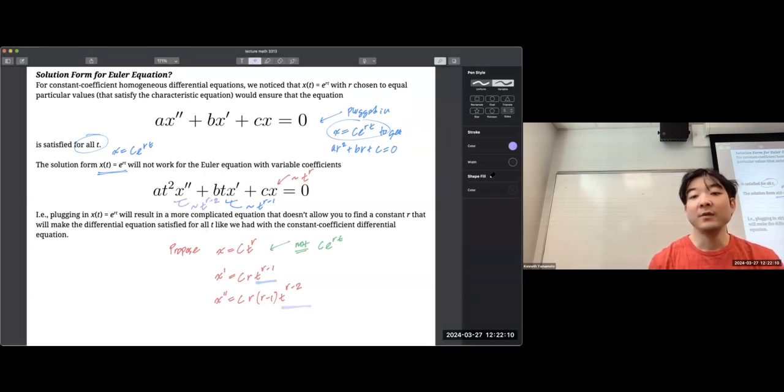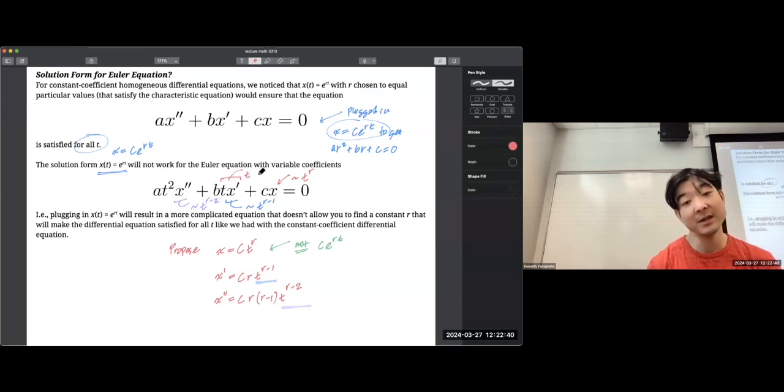But if you look at this, if you have a t to the r minus 1 term that's being multiplied by a t, t times t to the r minus 1 becomes a what? What do you do to the exponents? You add them, so it becomes 1 plus r.